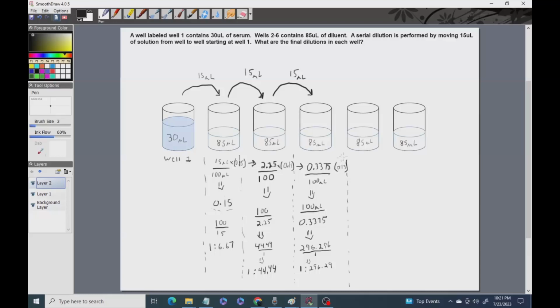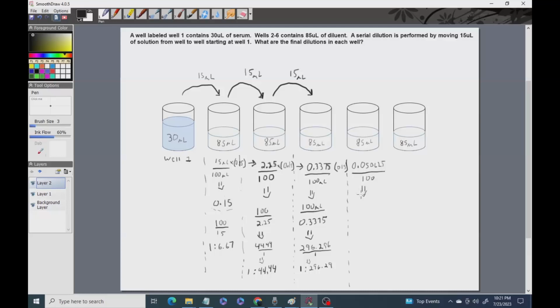So 0.3375 times 0.15 will now give us a small number, 0.050625. It's just ridiculous, ain't it? Over 100.